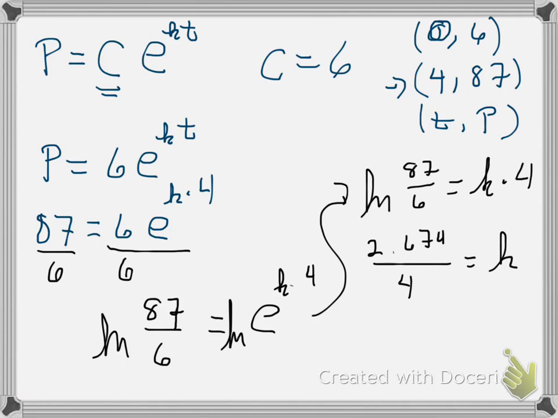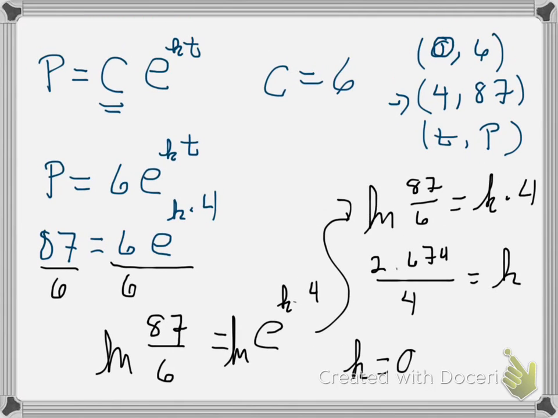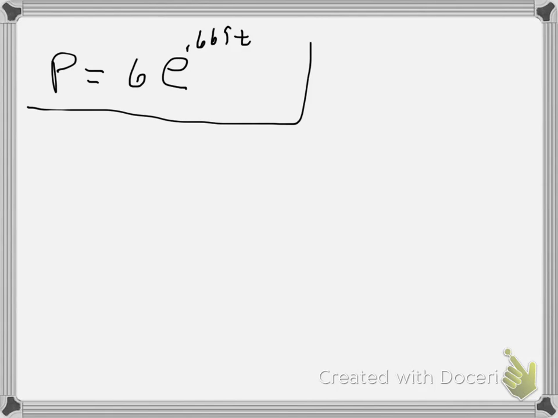So that gives me a k value of 0.669. So then my equation, P equals 6 e to the 0.669t, is my equation for the population at a given time t.